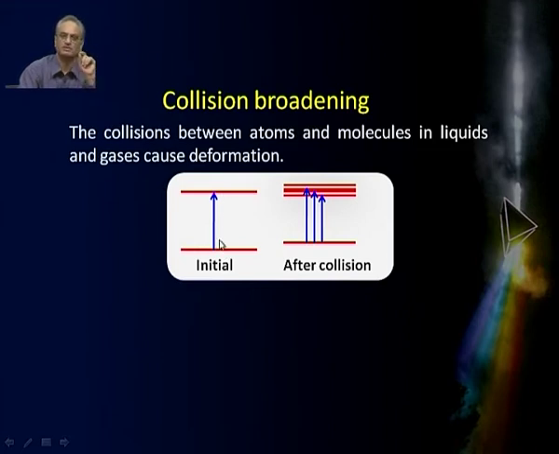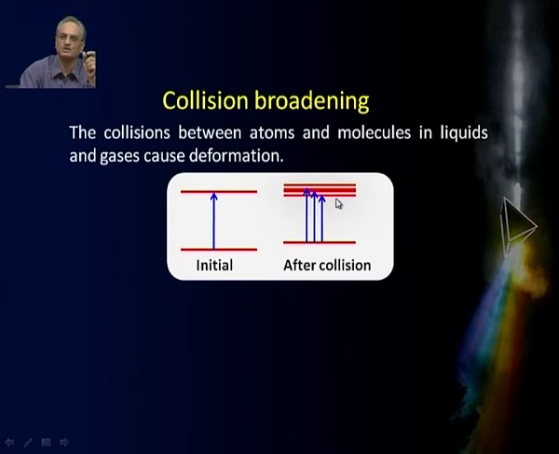But as a consequence of collision, the higher level, the outer level, gets altered. In some cases the energy will become less, in some cases more, in some molecules it will remain the same.